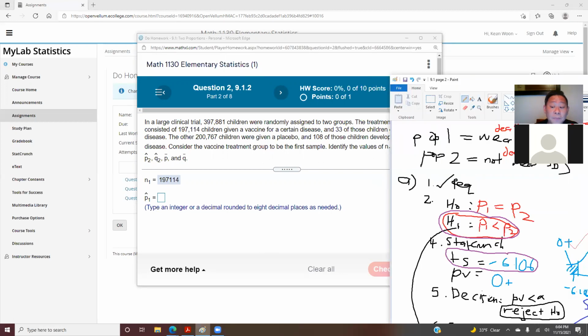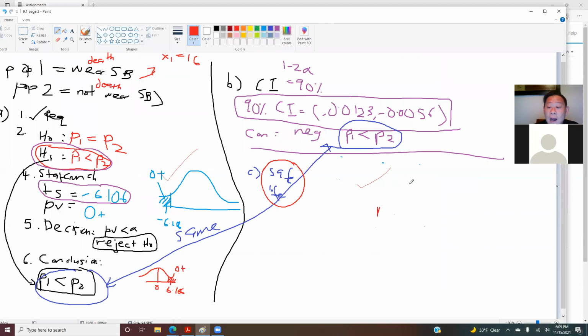If I say I got 10 girls in my class, and I got 30 students in this class, what is the proportion of girls in this class? No, proportion is decimals.